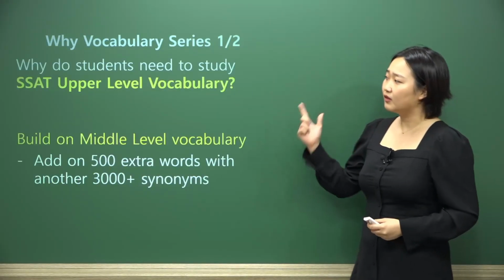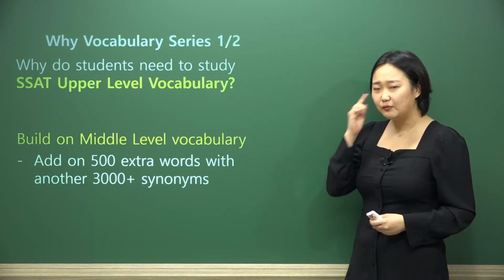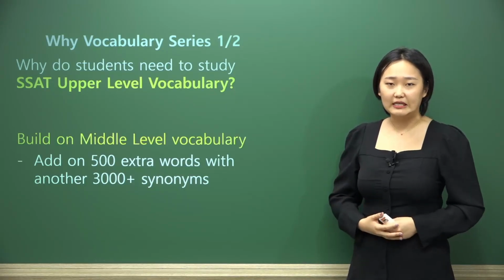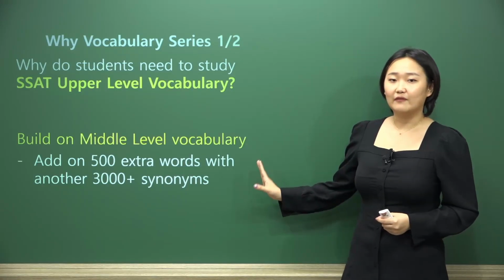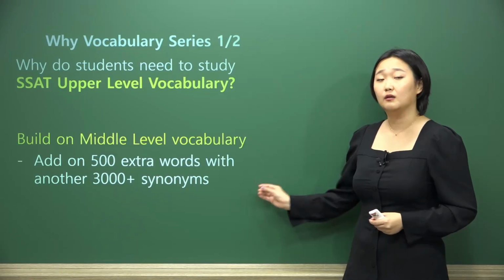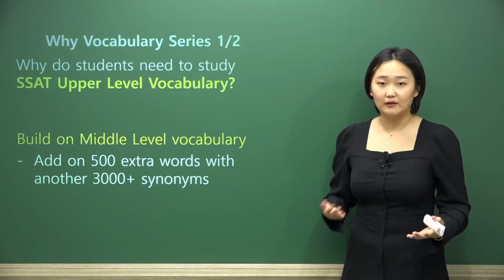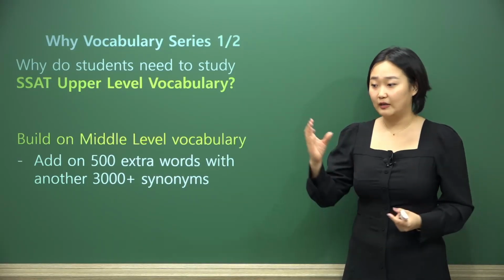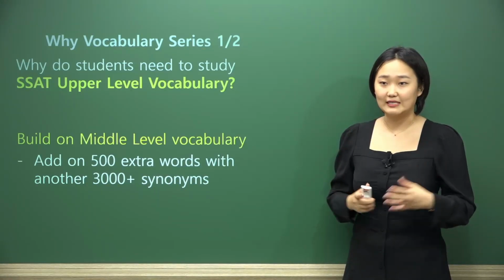So, the question is, why is this vocabulary series something that we really need to be focusing and studying, especially the upper level? First off, the answer is quite simple: we want to build on our middle level vocabulary. At this point, there should already be a bit of a lexicon in our heads about necessary words and phrases that we might need specifically for this exam.